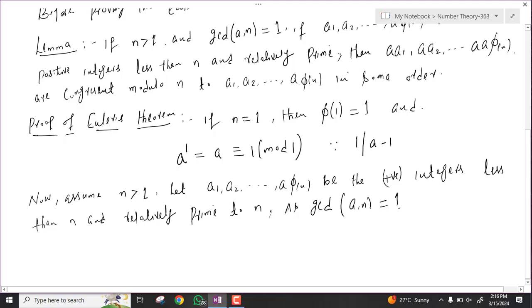Now we take n greater than 1 and let a1, a2, a phi of n be the positive integers less than n and relatively prime to n.